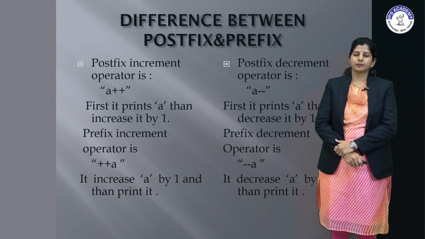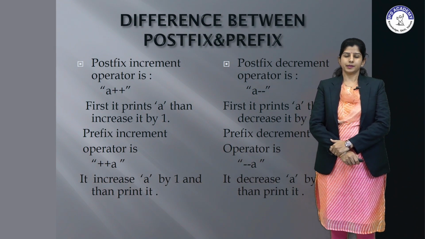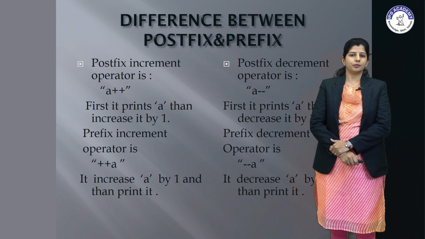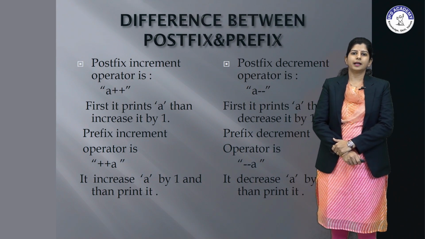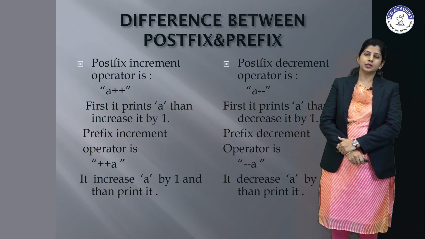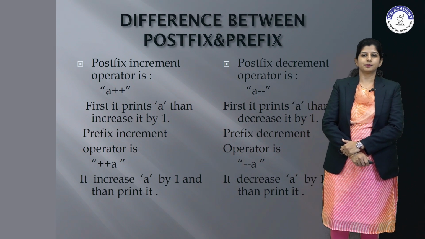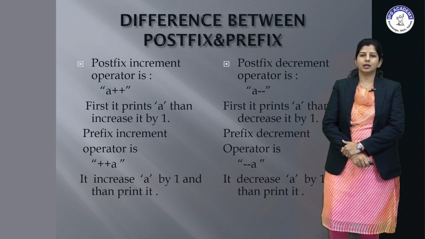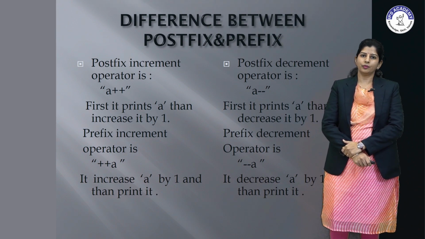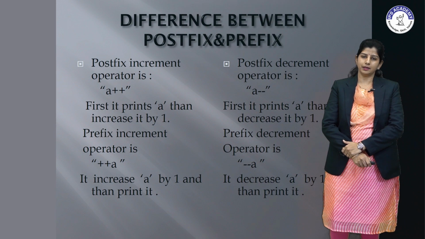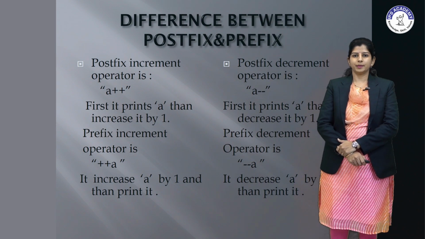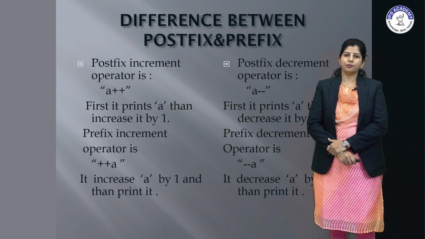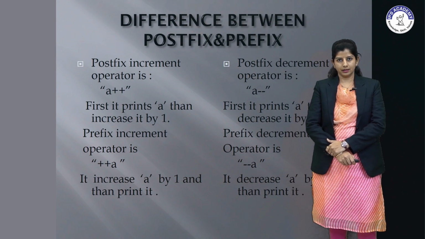For example, if we write a plus plus, a is the name of the variable. If we write int a, then a is an integer type variable. A plus plus means we want to add a single value 1 to the value of the variable a. So a plus plus means the postfix increment operator.